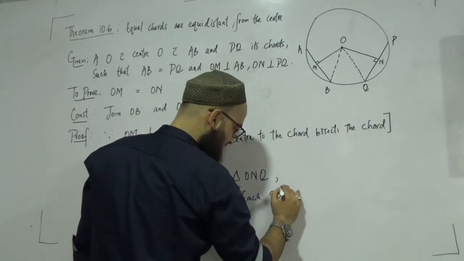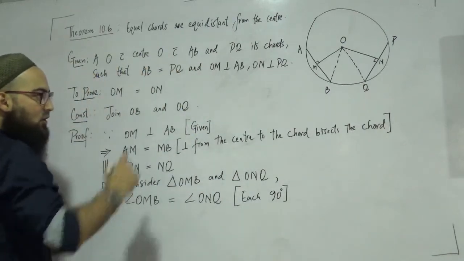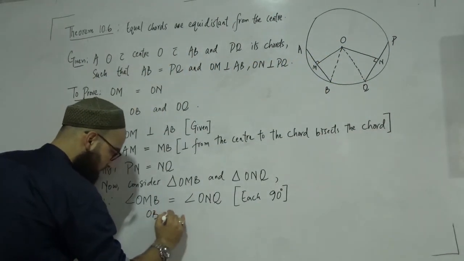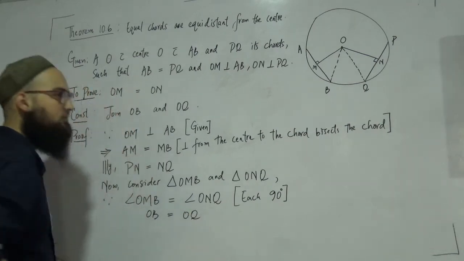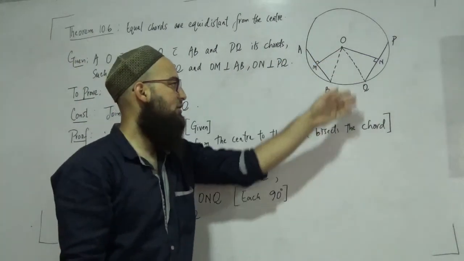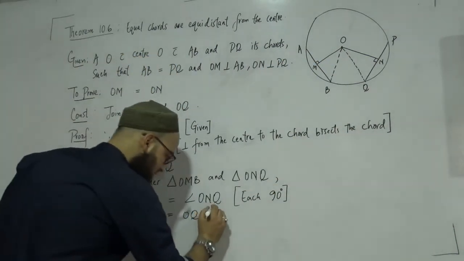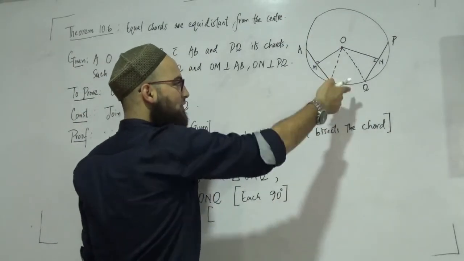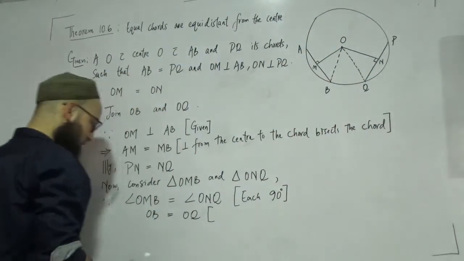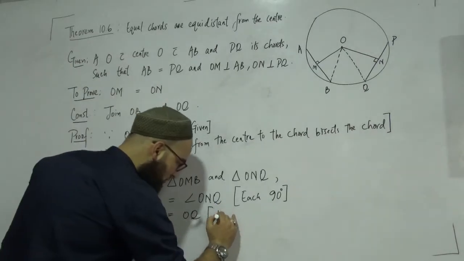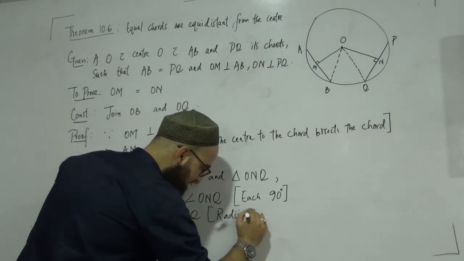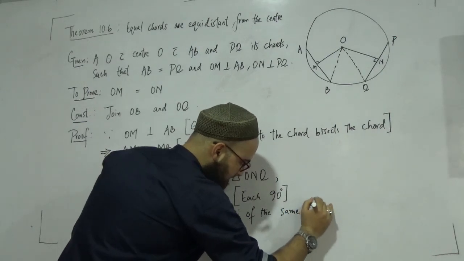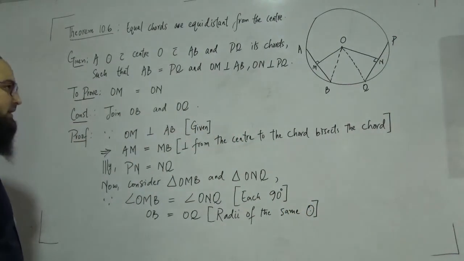Then I'll say OB is equal to OQ. Reason? Radii of the same circle, because OB is the radius of the circle, OQ is the radius of the circle as well. So OB is equal to OQ, radii of the same circle.